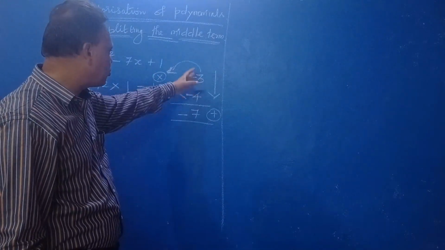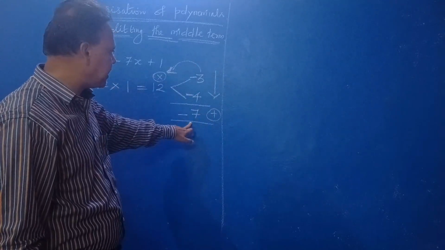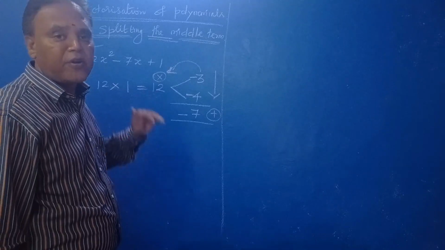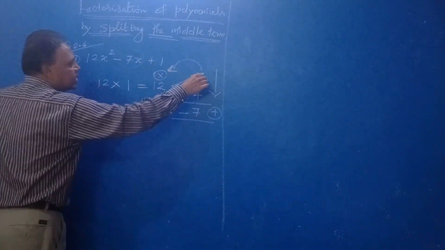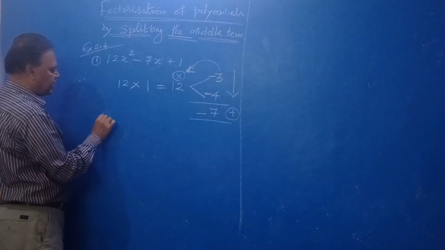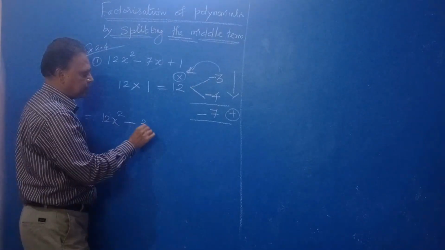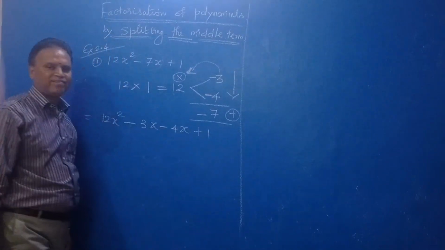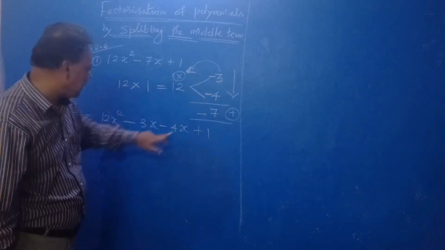So minus 3 and minus 4 are the suitable factors. Now split the middle term using these two factors: 12x squared minus 3x minus 4x plus 1.